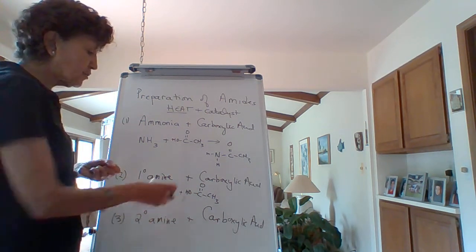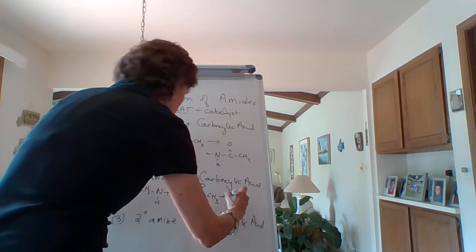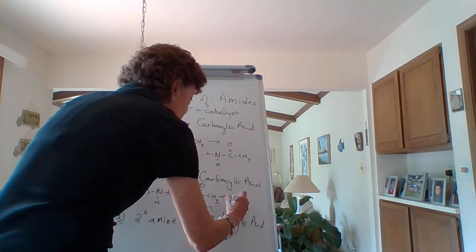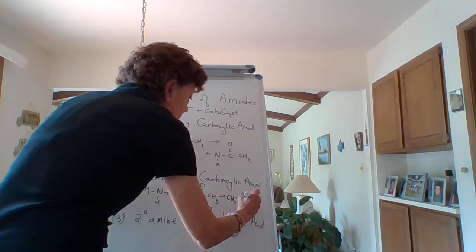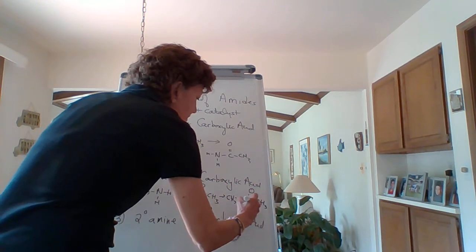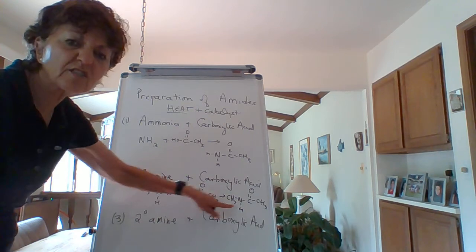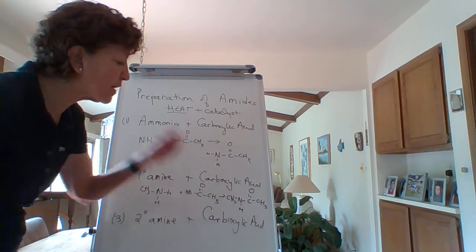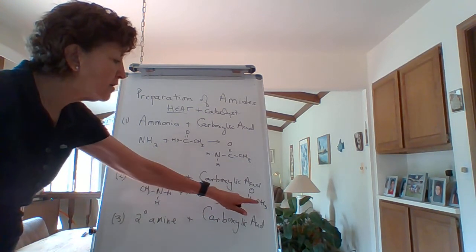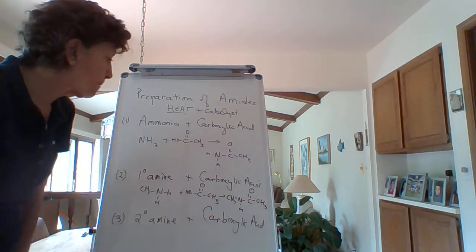You remove one of the H's, and the OH goes off as water, and you end up with this secondary amide. I apologize. All right, can you see it? I know it looks a little crowded here, but this is your secondary amide. It's an N-methyl ethanamide or N-methyl acetamide.